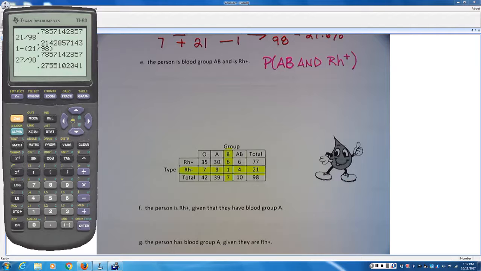That means I'm trying to count the people that have both characteristics.